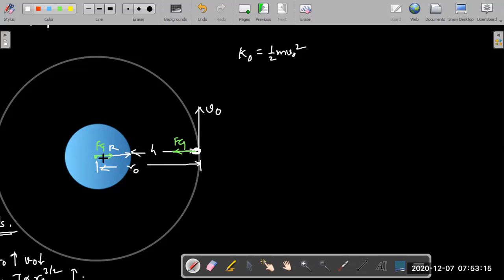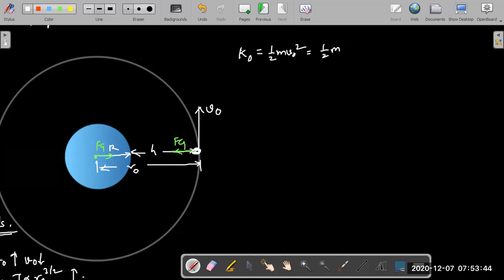Both of them revolve about their common center of mass. But because the mass of the planet is so huge, the center of mass is almost at the center of the planet. That's why we feel the satellite is only revolving, but in reality Earth and Moon revolve about their common center of mass. You should not forget that point.